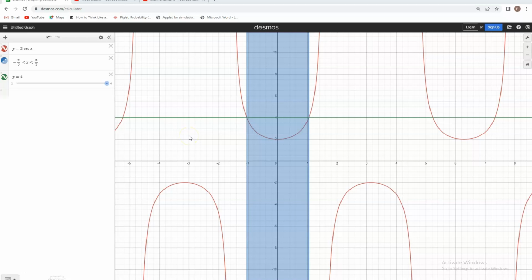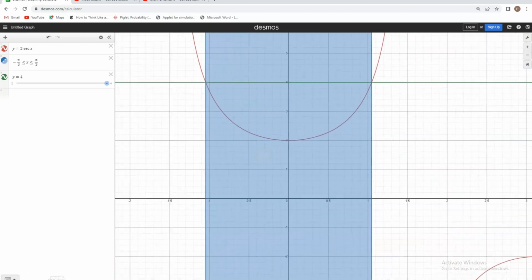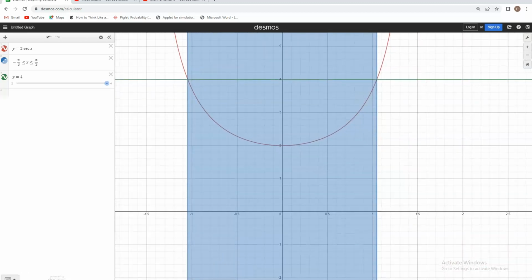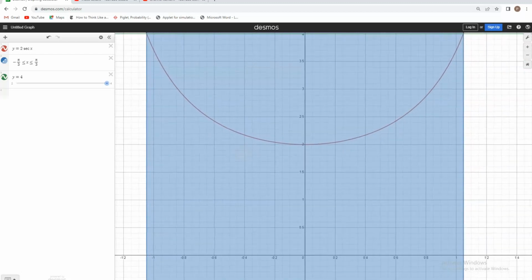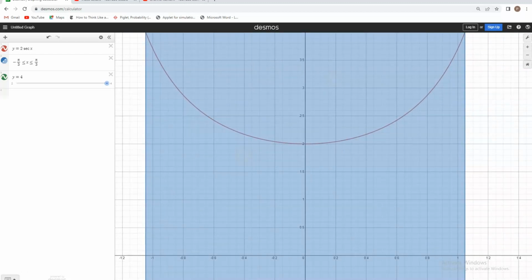Now using this graphing calculator, here we have 2 secant x, and what we need based on our closed interval is this part of the graph. Based on what we have here, this point 0, 2 is the absolute minimum.